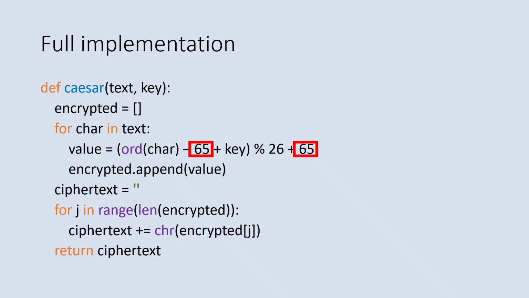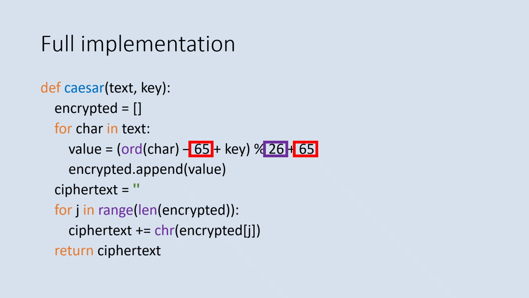But now, rather than there being 26 characters, we're going all the way from 32 all the way up to 126, and so we need to change our mod as well. So it's not mod 26 anymore. We need to account for the number of possible values there are. So we need to change the 65s, both of those, and we need to change that 26.